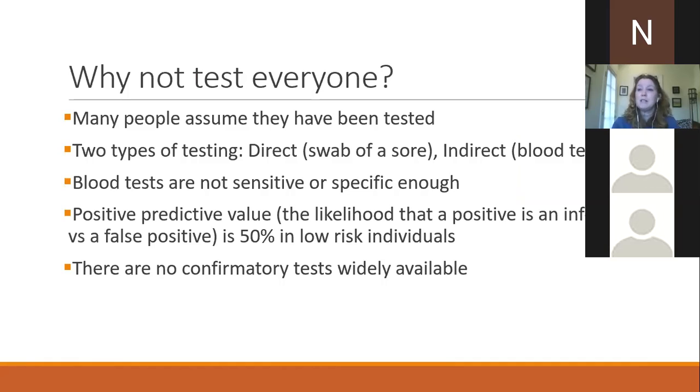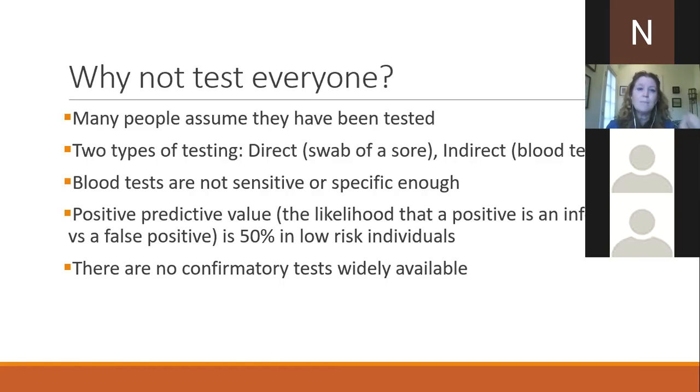So when we talk about STIs, one of the things that people want to know is, well, why don't we just test everybody for herpes? A lot of people have gone through regular STI testing and kind of assumed that they've already been tested, when in fact we rarely test for herpes, and this is why. If you have an active sore, there's one type of test, a DNA test.